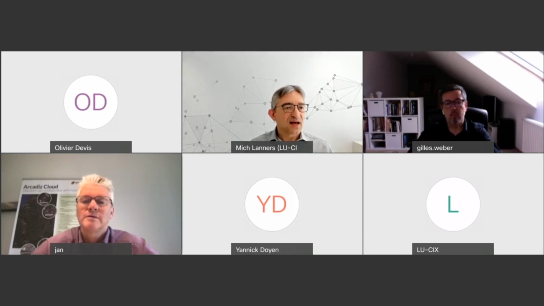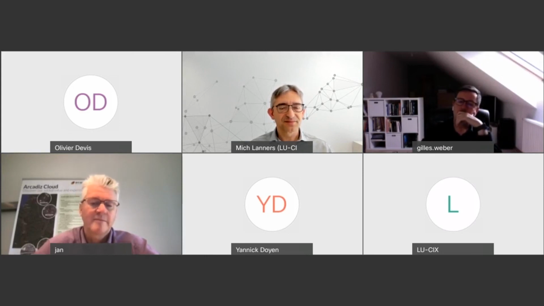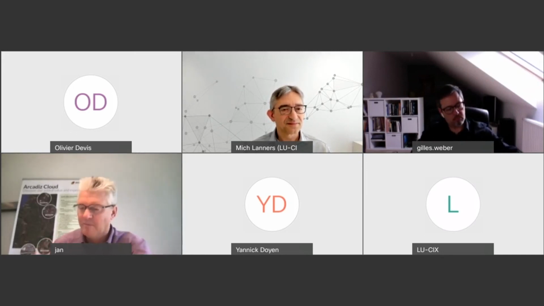So here we have Oktay. Let me unmute you. There you are. You can ask your question. So this is Oktay from EIB. First of all, thanks for the nice presentations from everyone, all the panelists. I have just one quick question.